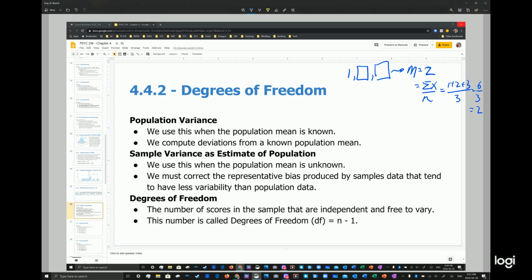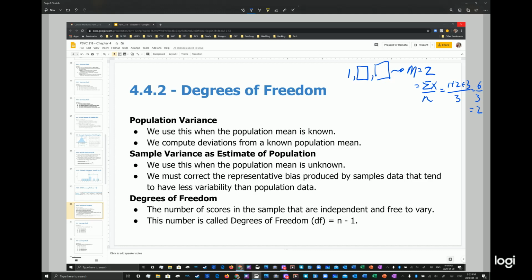But if you have 2 missing values, and these values could be anything, then it doesn't have to be 2 and 3 anymore. It could be 1 and 4, for example. It'll still get you 6, right? And divide that by three scores, and these are three scores, you'll still get 2, right?